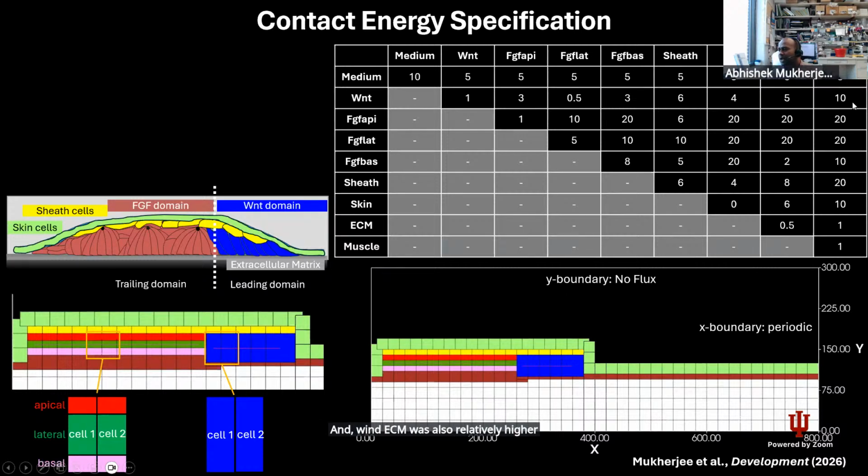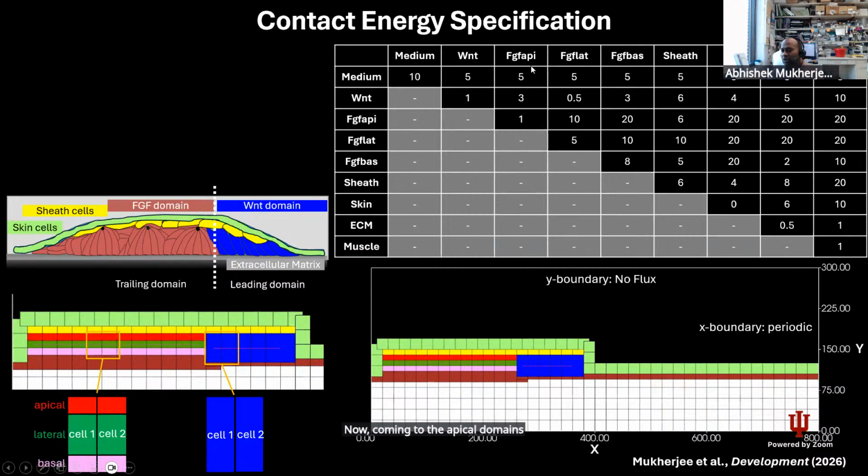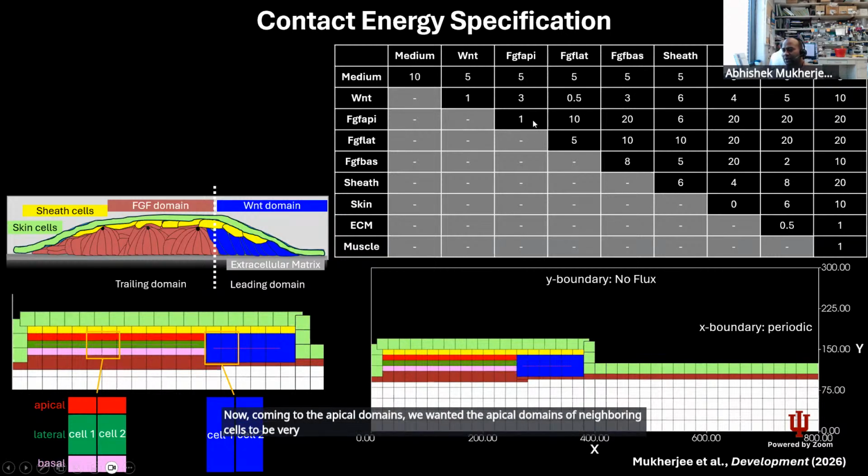And we did not want, of course, the Wnt and the muscle cells to interact ever, so that's why we set it quite high. Now coming to the apical domains, we wanted the apical domains of neighboring cells to be very adherent to each other, and so we set it to 1.